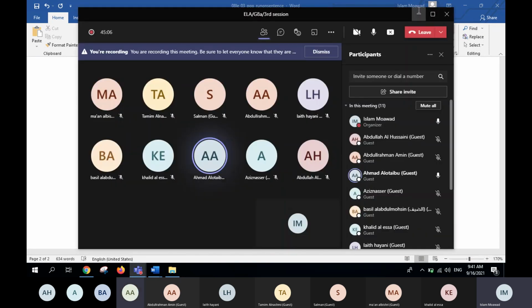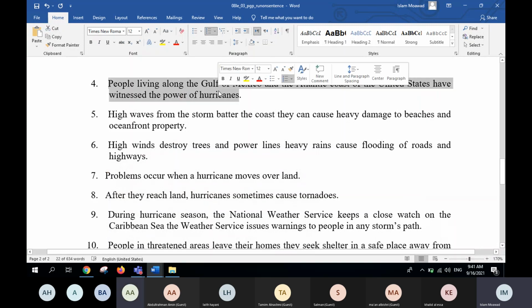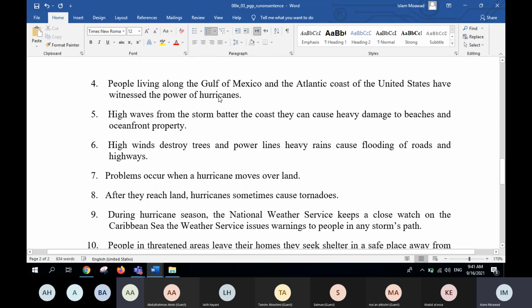Can you do number 4? People living alone. Can you take that? The Gulf of Mexico and the Atlantic coast of the United States have witnessed the power of hurricanes.